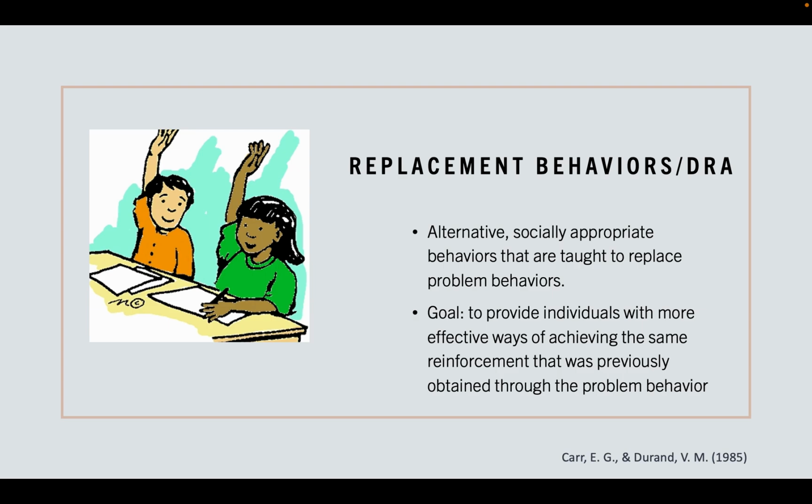Another example of DRA could be if a learner or child is in the classroom and engages in shouting out behavior or calling out behavior. An alternative technique would be to teach them to raise their hand. And the list goes on and on with teaching alternative and replacement behaviors.